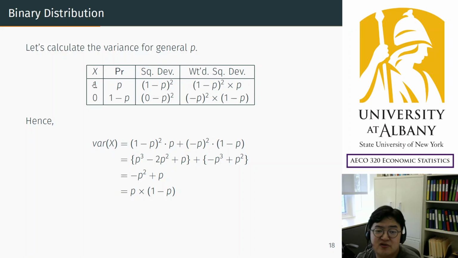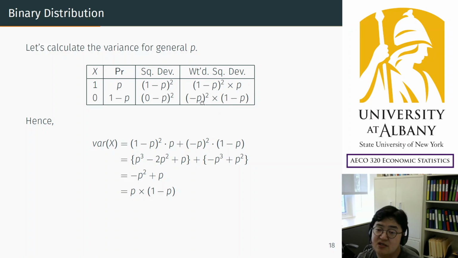So for the first outcome, for success, the probability weighted square deviation is this guy, right? And for the other outcome, for failure, the probability weighted squared deviation is this guy.